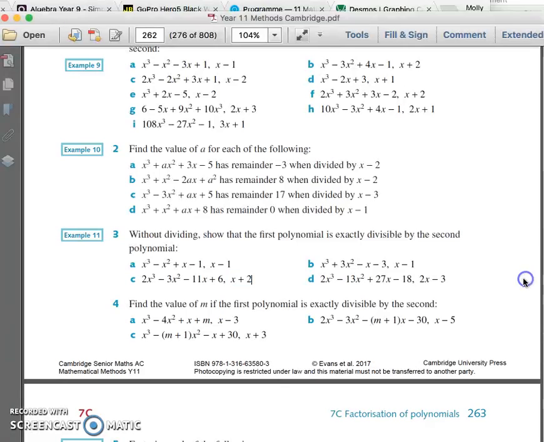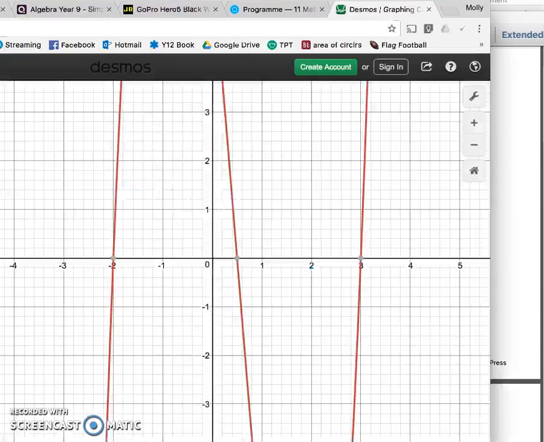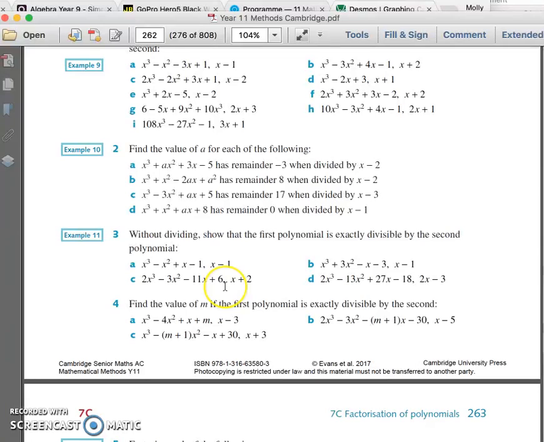And this negative 2 is what x plus 2 is as a solution, because when x plus 2 equals 0, then x equals negative 2. So x plus 2 is the factor, and x equals negative 2 is a solution. So when we have a remainder of 0, we have sort of proven that this linear equation is a factor of that cubic.